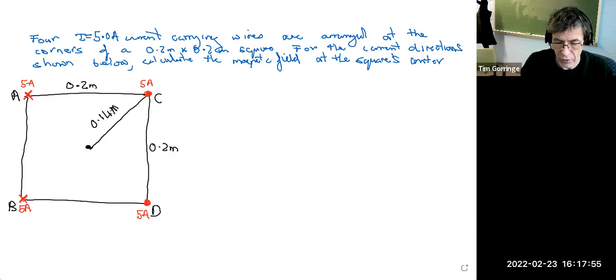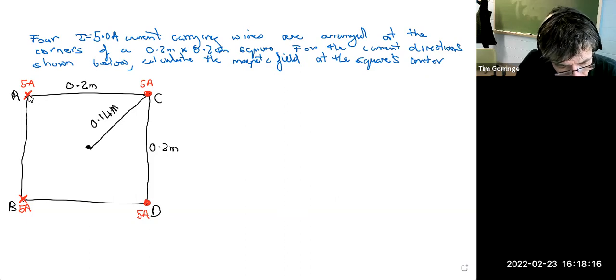And we've got to figure out the magnetic field that's created by those 4 current wires at the center of the square, at the center of the current carrying wire arrangement. The situation is pictured here on the left-hand side.